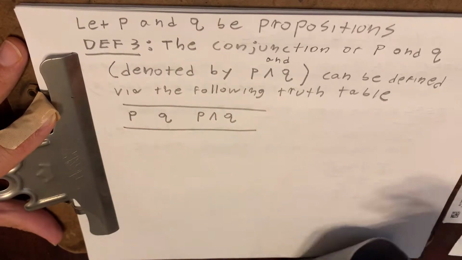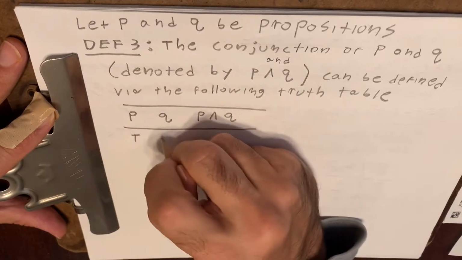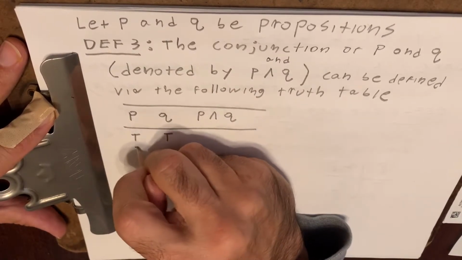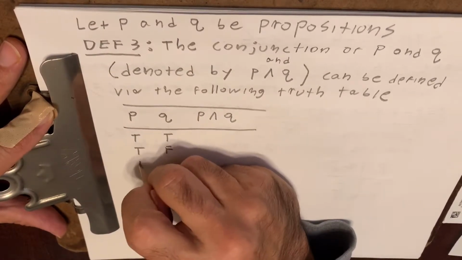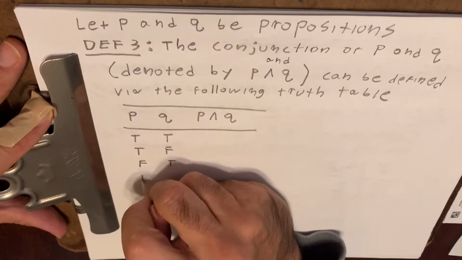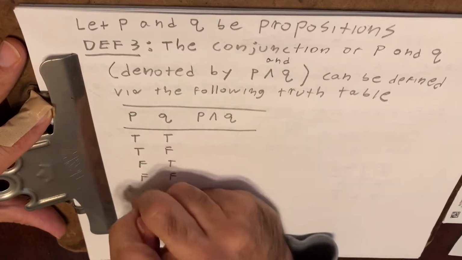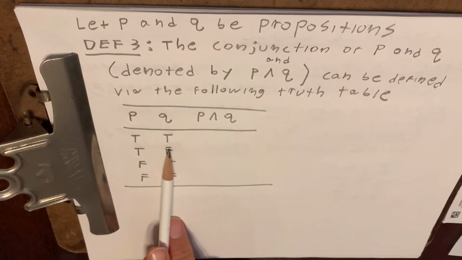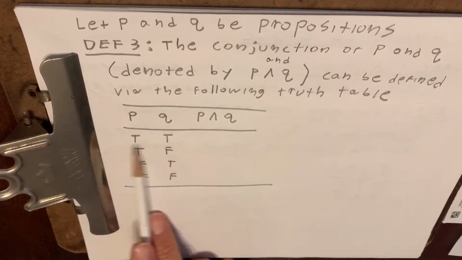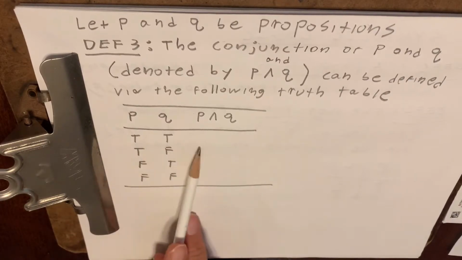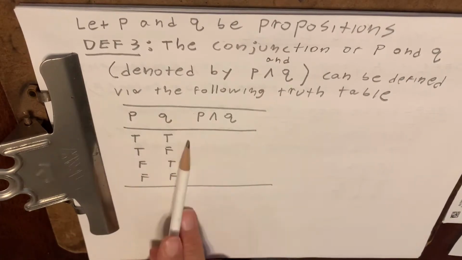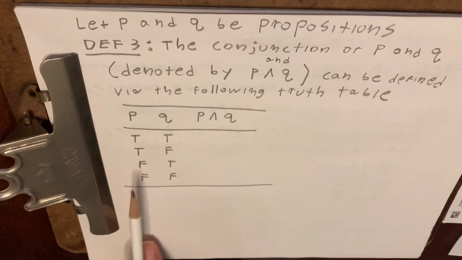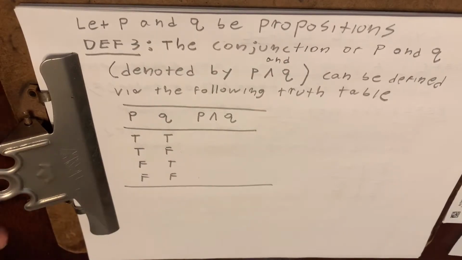Listing all these possibilities, we get true, true; true, false; false, true; and false, false. The order in which I listed them doesn't matter. I just like doing it this way because it makes it easy to remember. These are all the combinations that are possible, four of them.